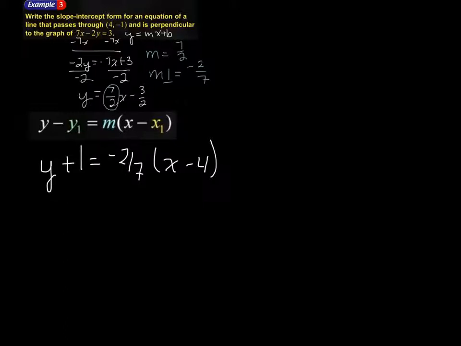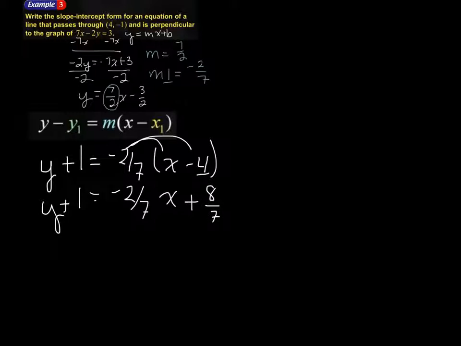We want it in slope-intercept form, so we need to distribute our -2/7. So I have y plus 1 equals -2/7 x, negative times negative is positive, 2 times 4 is 8/7. If you want to write your 4 as 4/1, if that helps, go for it. And we're going to subtract 1 from both sides.